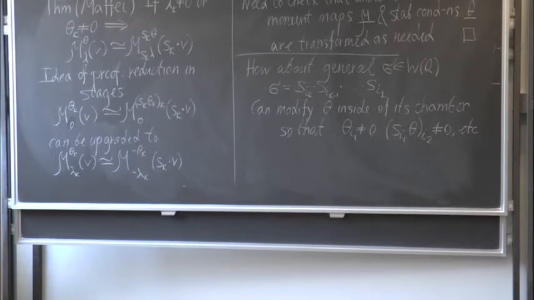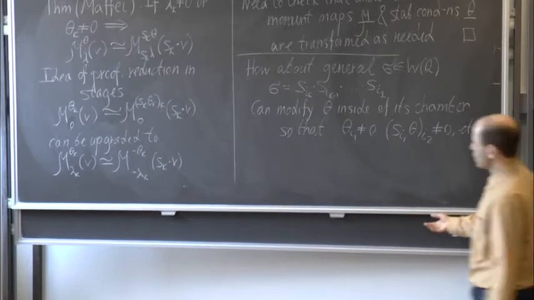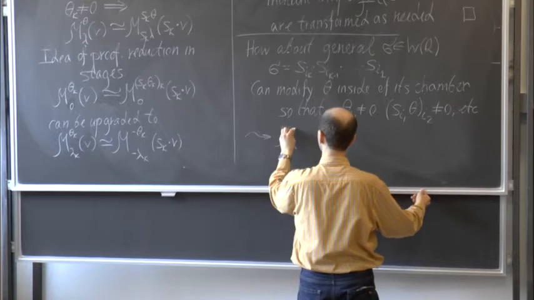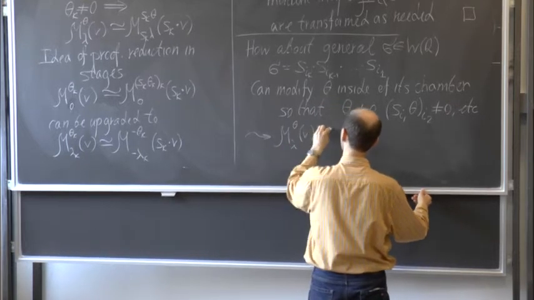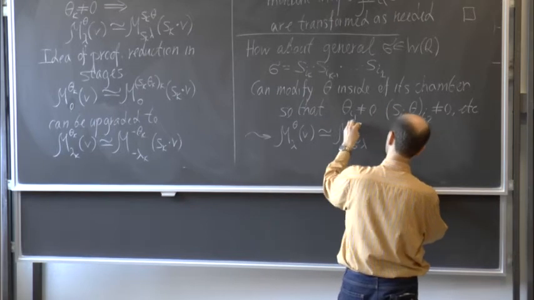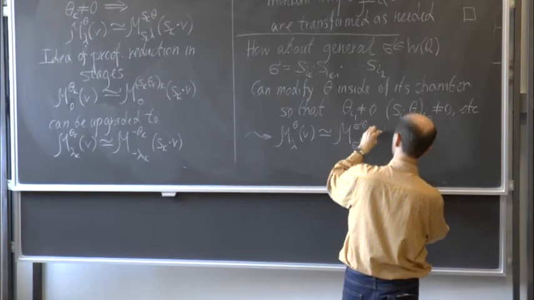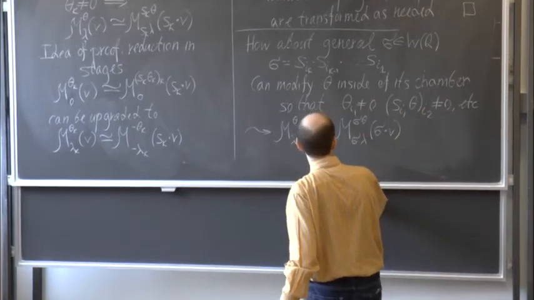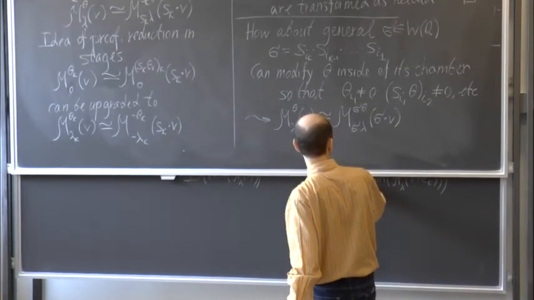So I just need to remove some finitely many hyperplanes from the chamber. Obviously something still remains after I'm done. And this produces an isomorphism M lambda theta V isomorphic to M sigma lambda sigma theta sigma dot V.